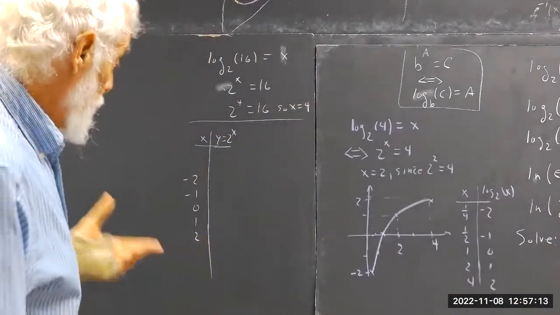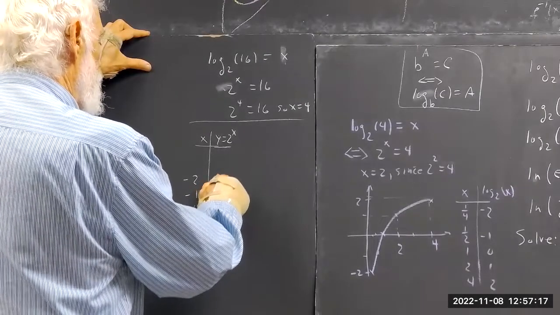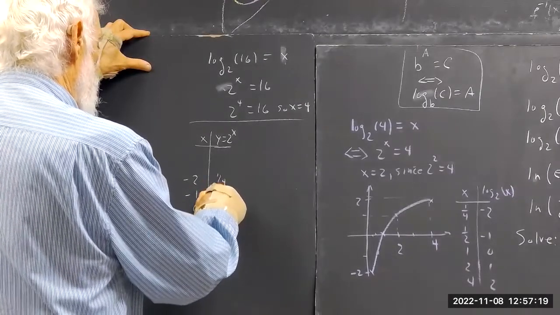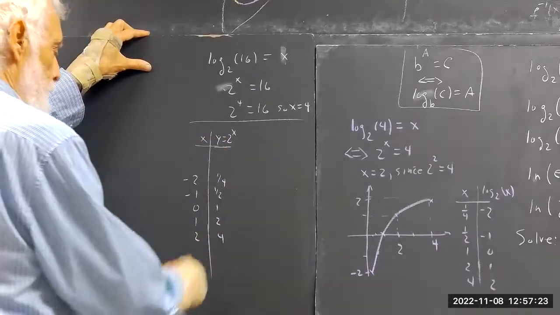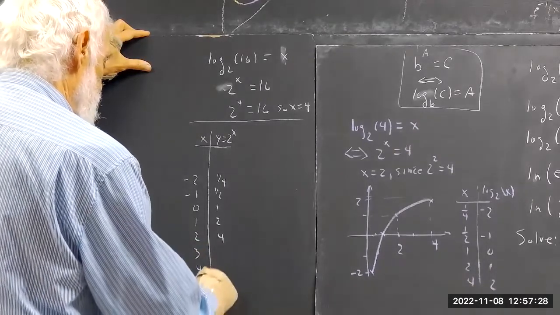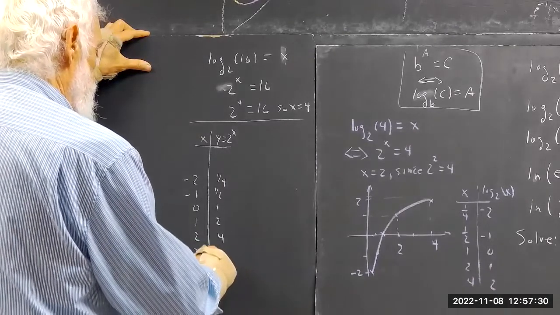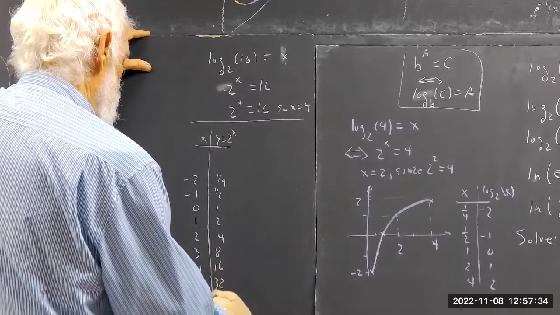And it's a really good thing to understand the expanded table. So here we have the usual values: 1/4, 1/2, 1, 2, 4. And we all know where all those come from. Let's just go out to 3, 4, 5, 6, and we're going to get 8, 16, 32, 64.